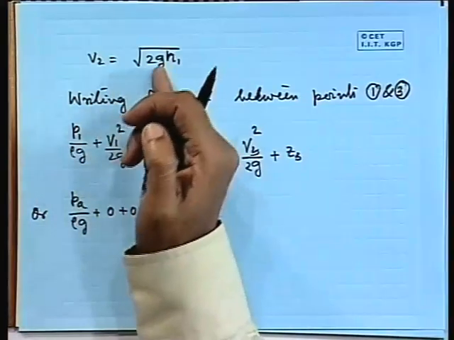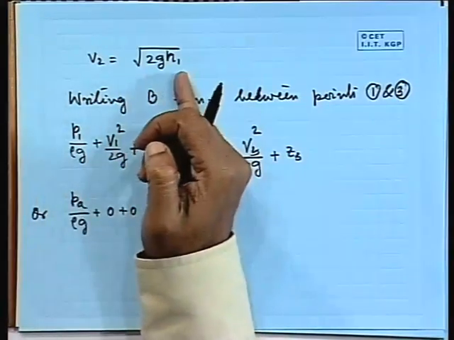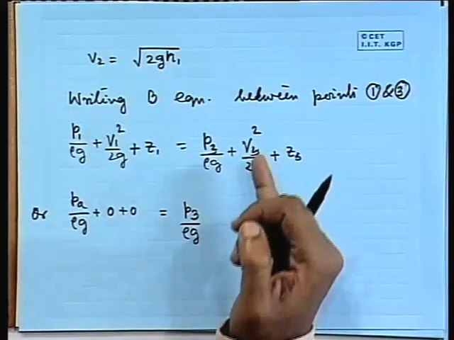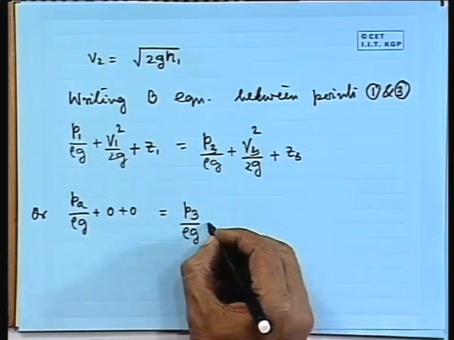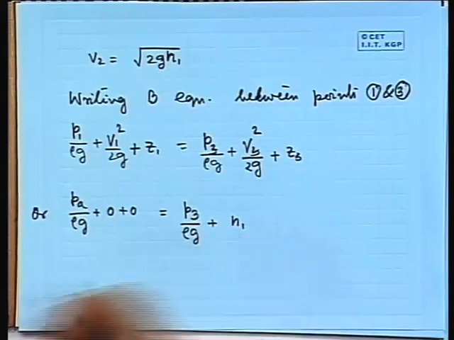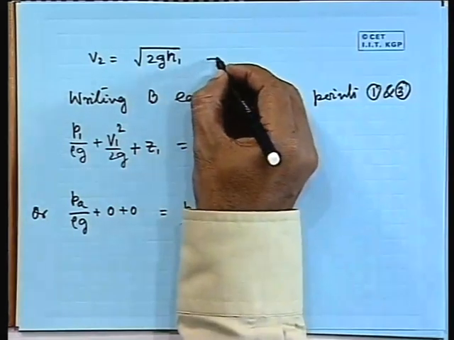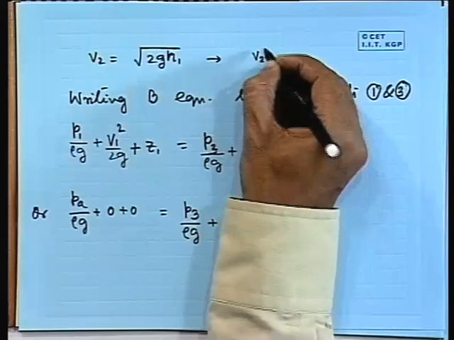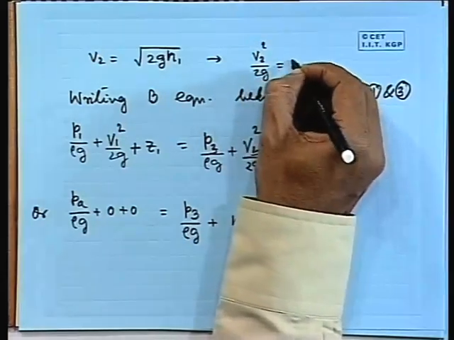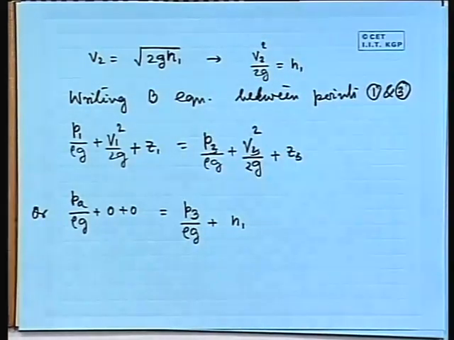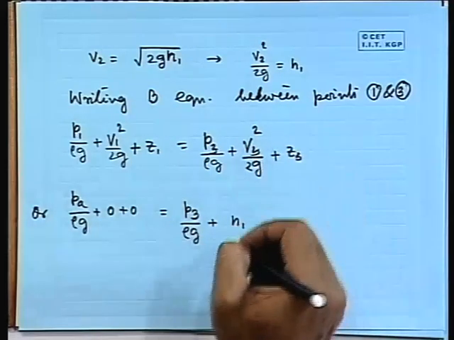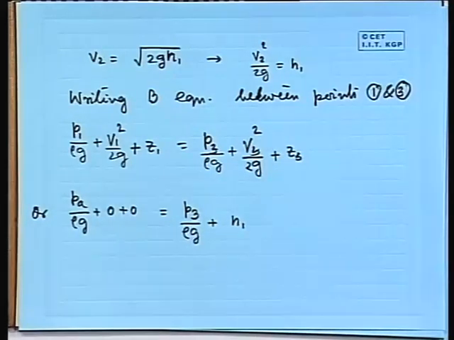So V2 square by 2g is equal to H1, and V3 square by 2g is also equal to H1.